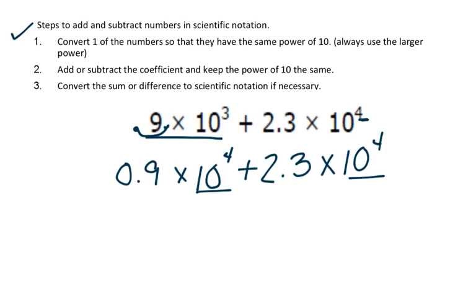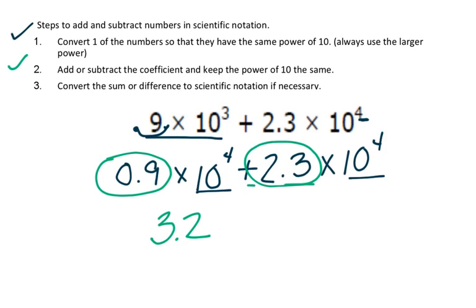All right? I'm going to add or subtract the coefficients. And this is add, so I'm going to add this and this together. And when I do that, I get 3.2. And then I'm going to keep the power of 10. That's my second step. Now I want to look at this number and make sure that it's in scientific notation. Remember, scientific notation needs 3 things.